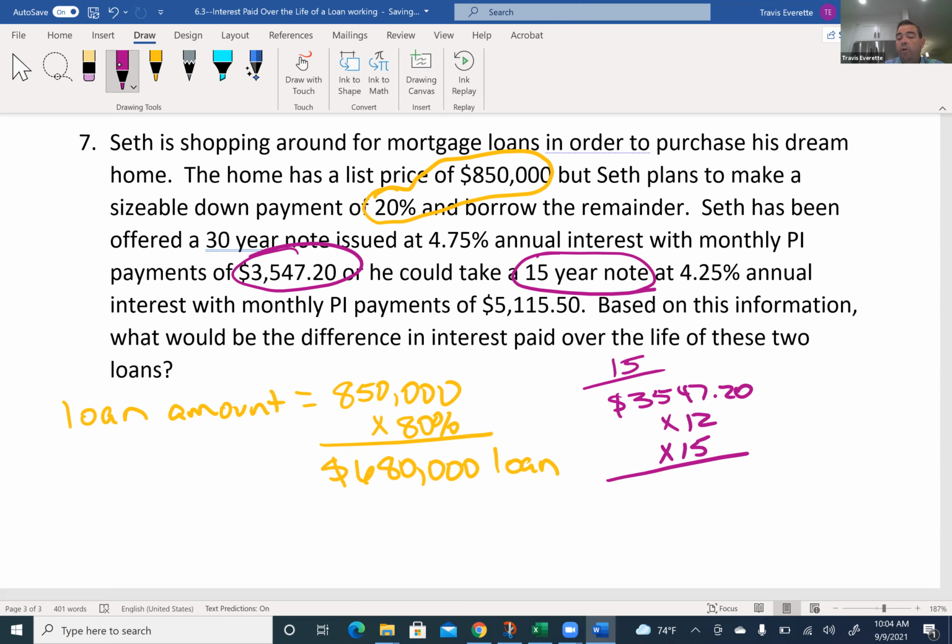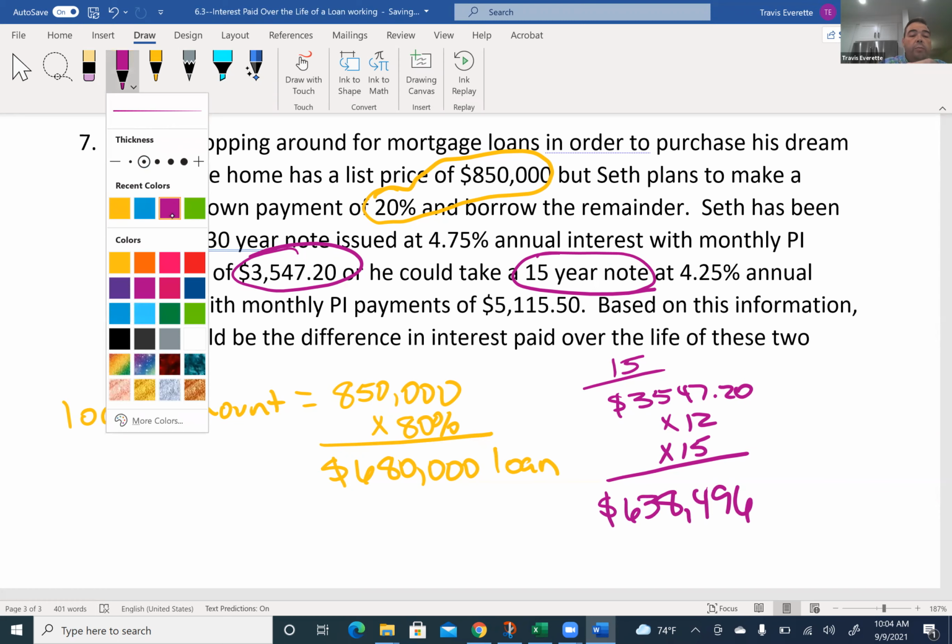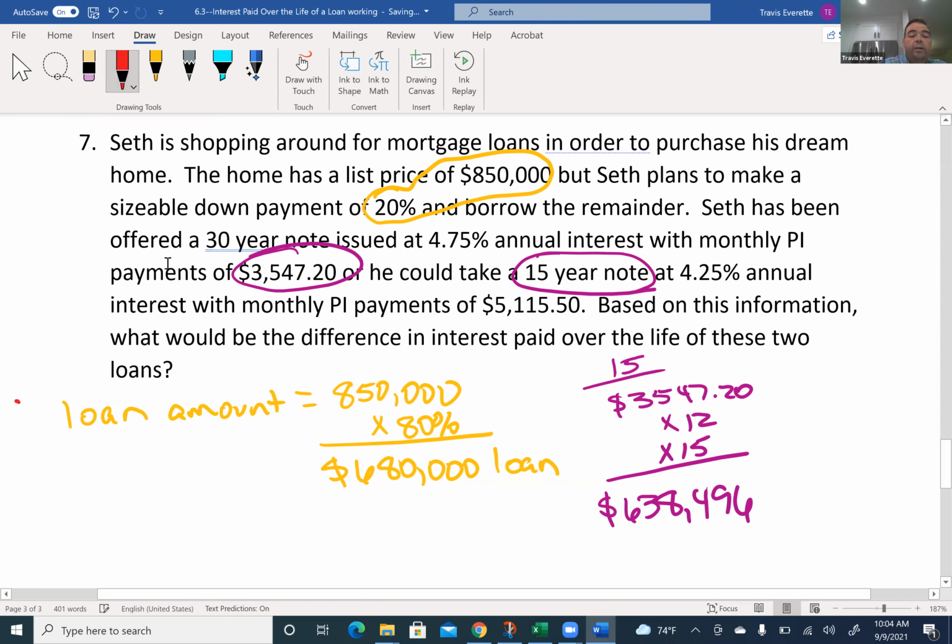Seth is looking at a total repayment on that thing of $638,496.